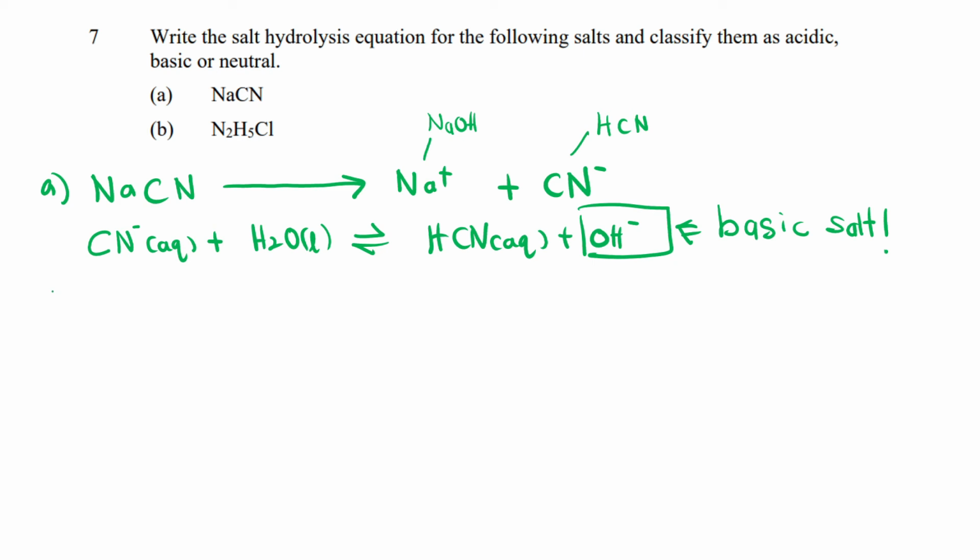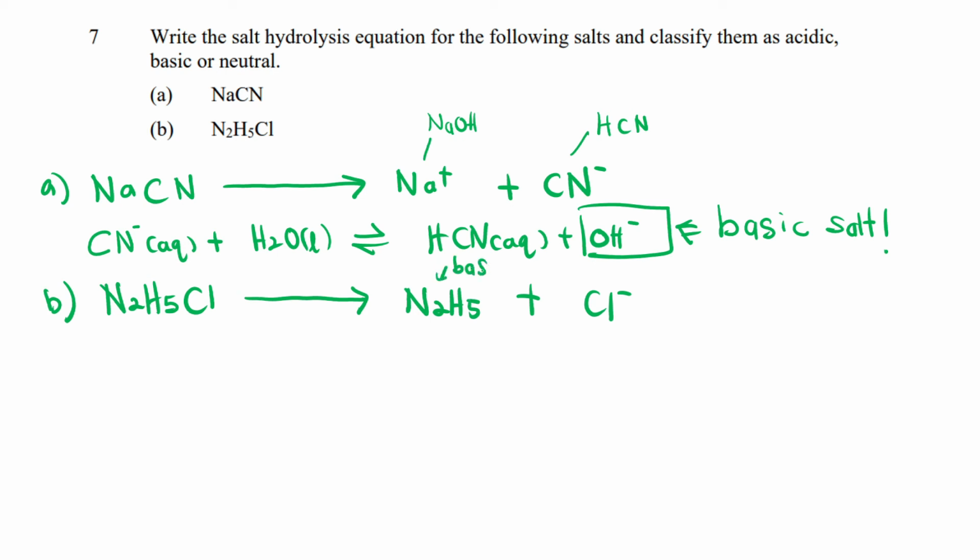For N2H5Cl, N2H5Cl dissociate to N2H5 plus Cl minus. So N2H5 plus daripada weak base, and then HCl daripada our strong acid. So N2H5 plus will undergo hydrolysis.